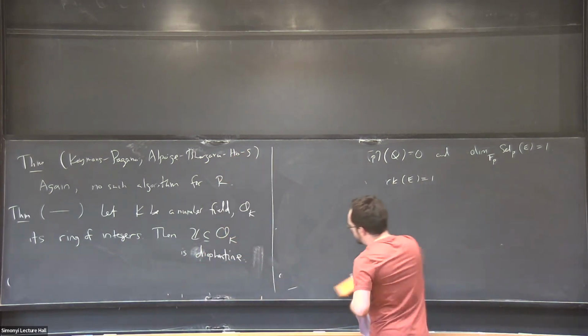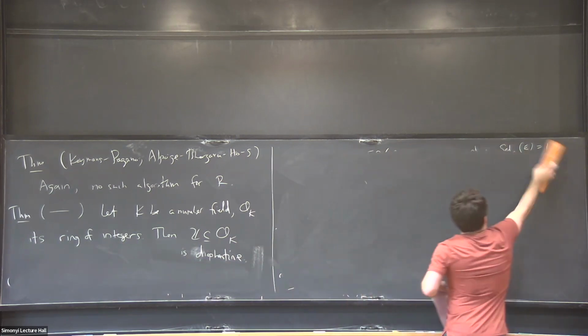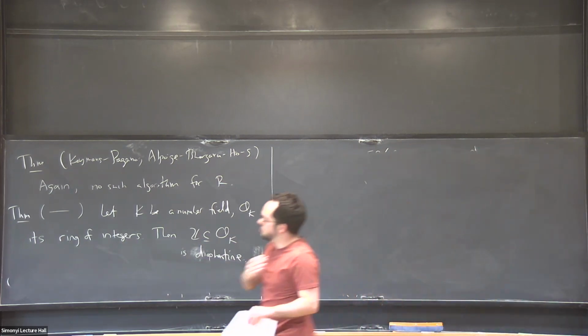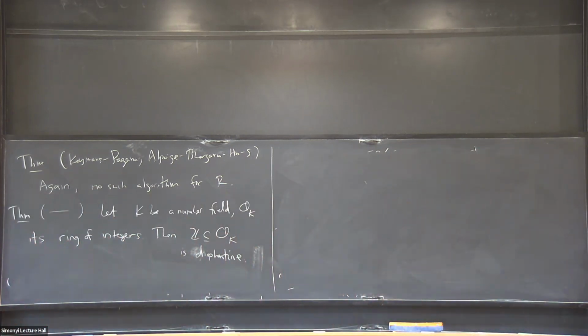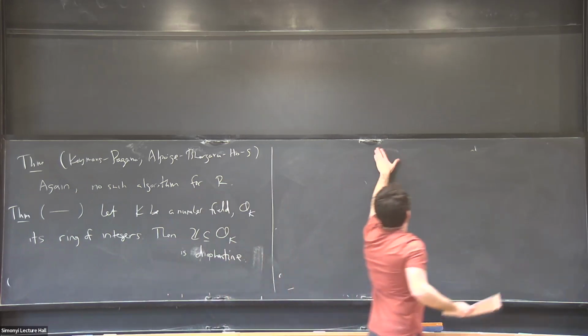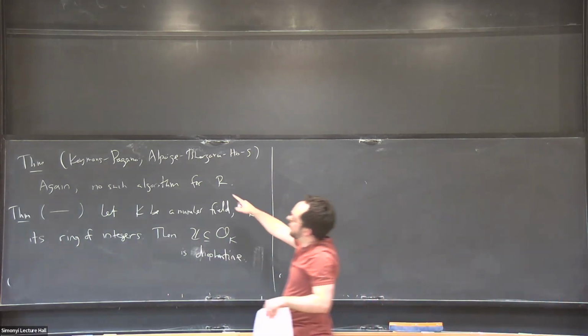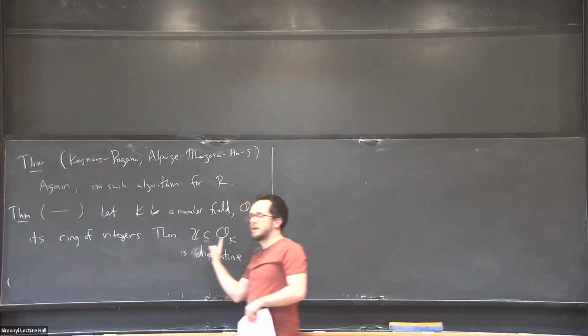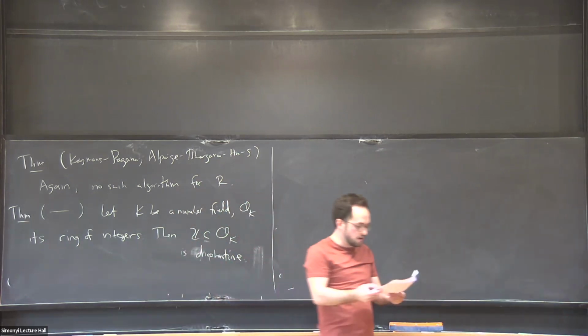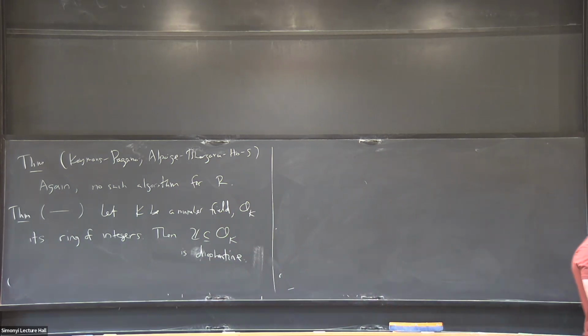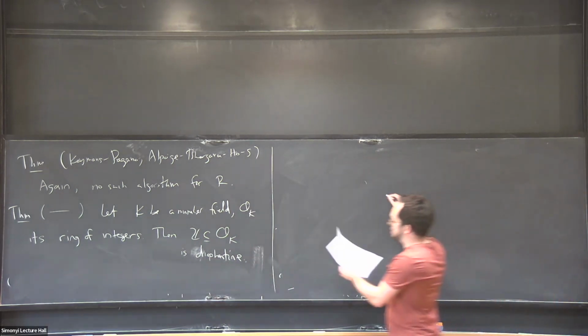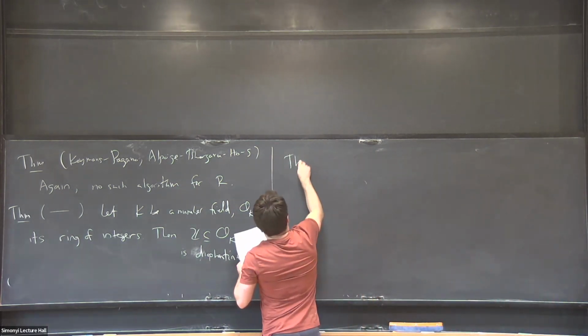Even Julia Robinson in her work, something Wei told me, played around with using an elliptic curve instead of Pell's equation for the original Hilbert's problem. And it's been known for a while that you can reduce the question of whether Z is Diophantine inside O_K to a statement about elliptic curves, or more generally abelian varieties. This is a theorem of Shlapentokh.